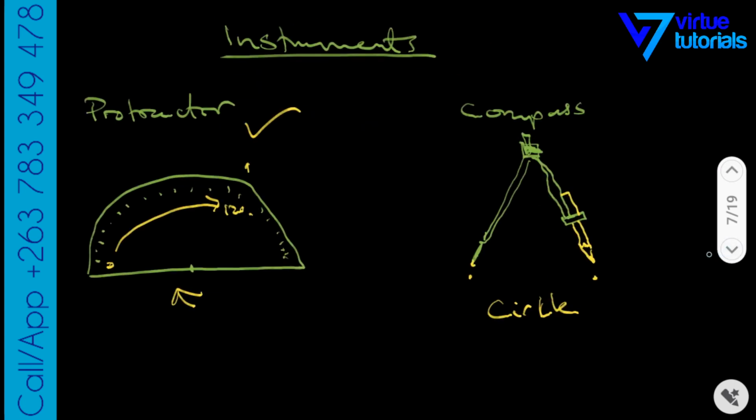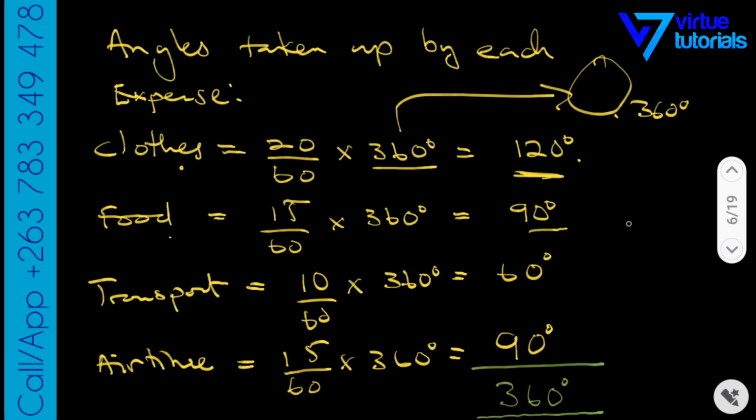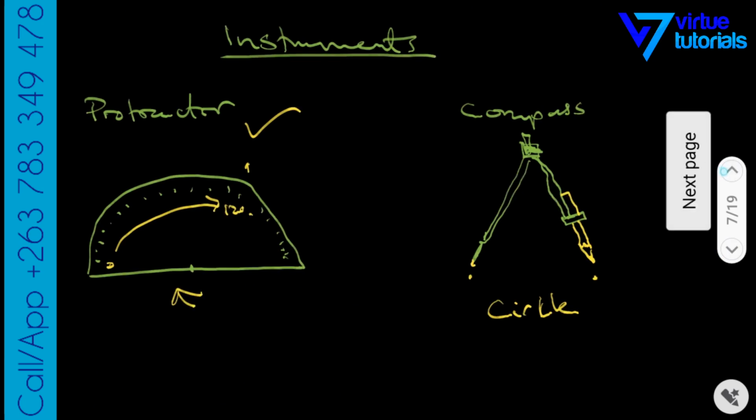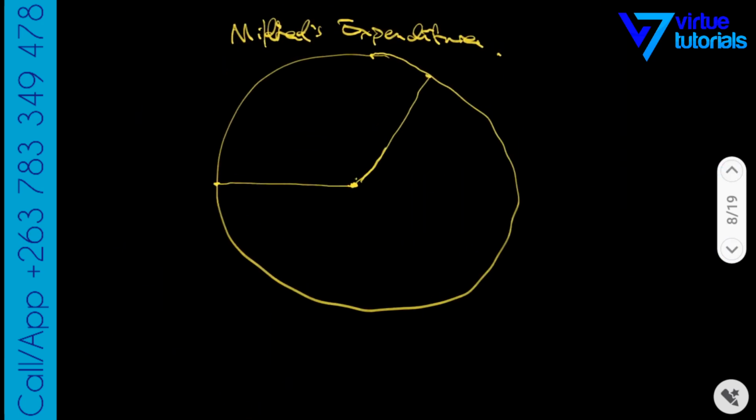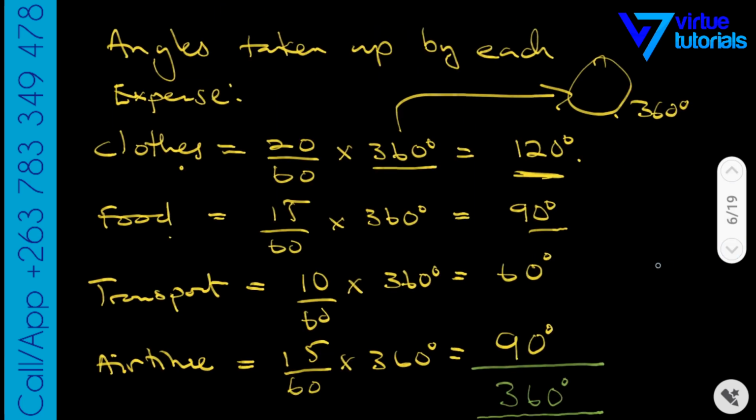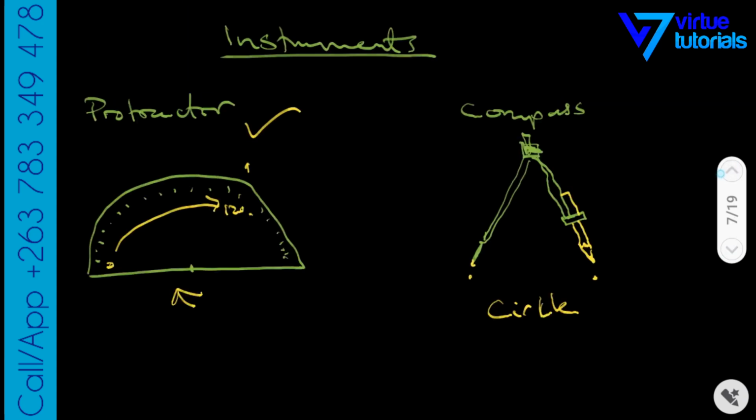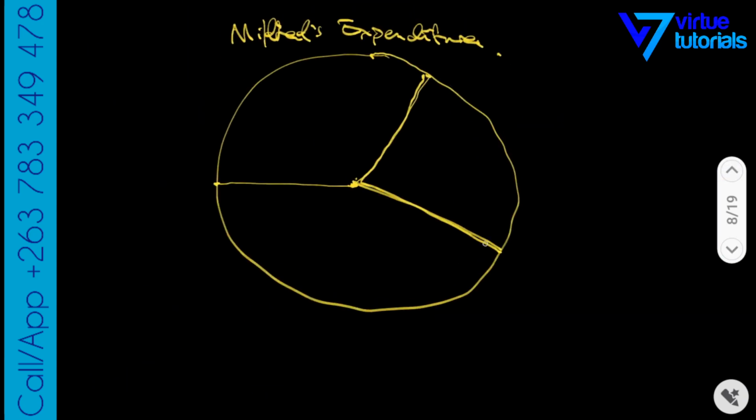The next angle was 90 degrees. So I'm going to start measuring from this line and measure 90 degrees from that line. Our next angle was 60 degrees. So I'm going to start where I left off. From this line, I'm going to measure 60 degrees like that.